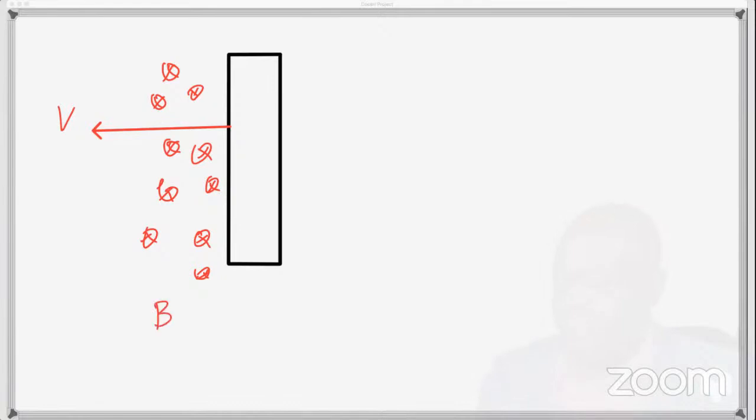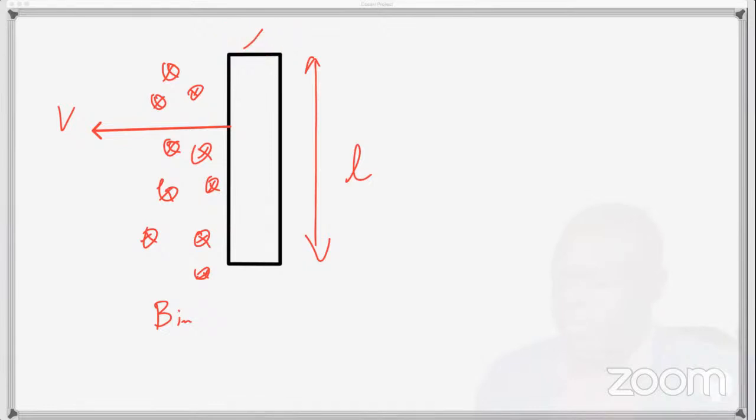This is your B. Your L is the length, this length. It's not this side. It's the length that is moving into the field.